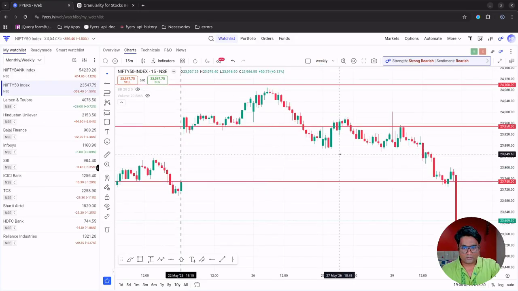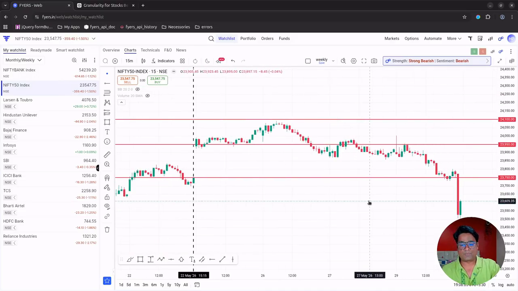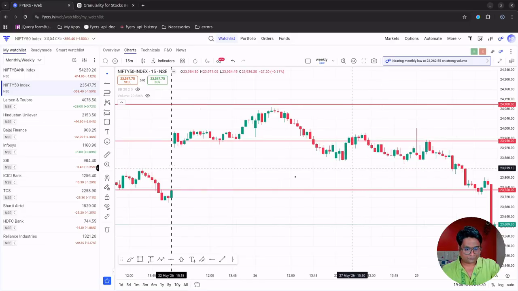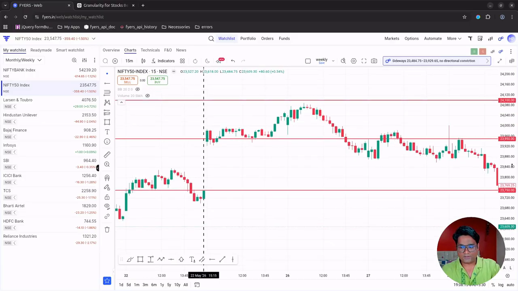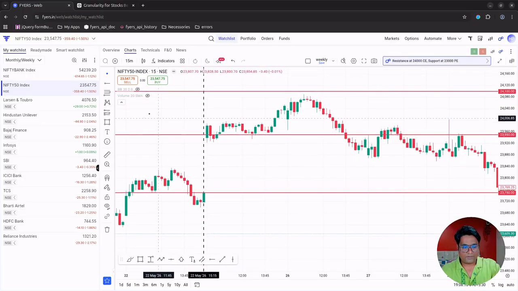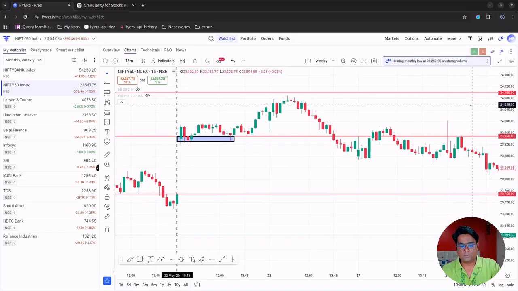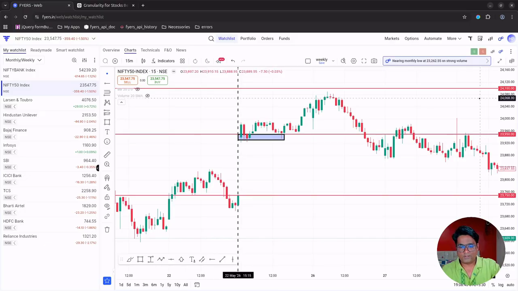Let's go and see Nifty 50. This is how the market performed for Nifty 50, and this is where I gave you these levels. At 23,950 the market created a support zone right here, then rallied up to 24,100 and took support around 24,089.60, just 10 points from our key level.